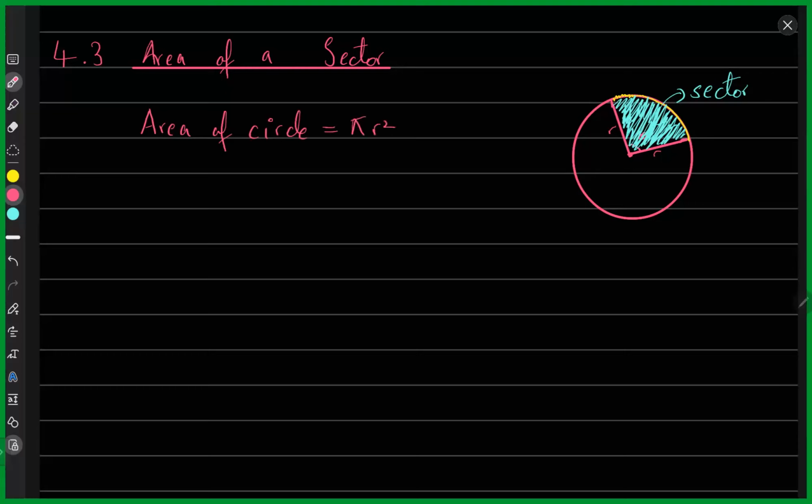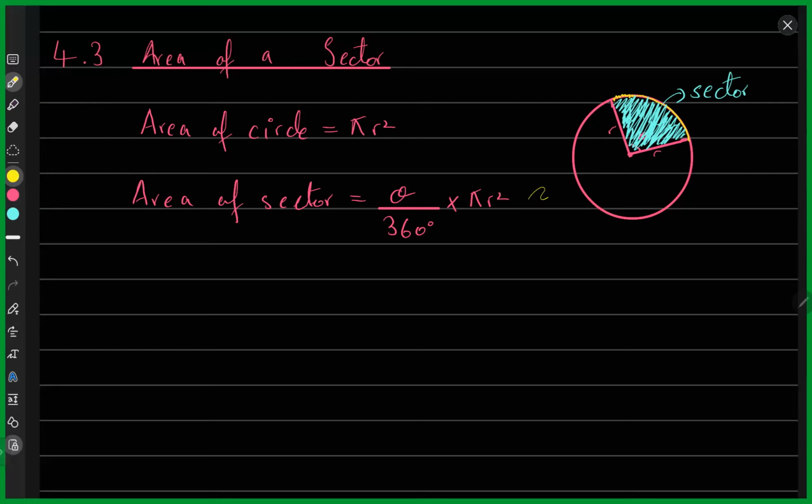So if I want to talk about the area of sector, that is going to be theta divided by the sum of angles in a circle, which is 360 degrees, or it is 2 pi, multiplied by pi r squared.